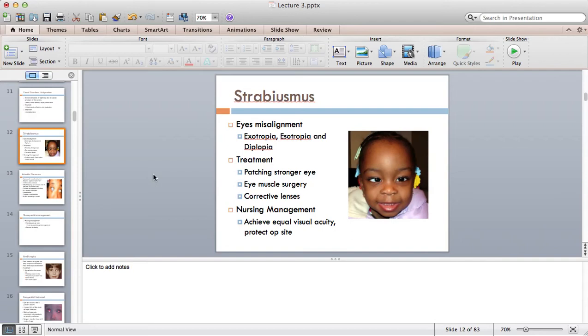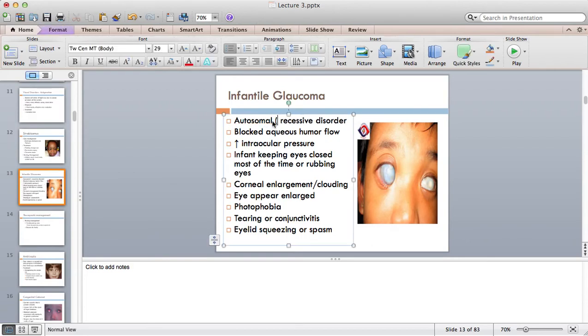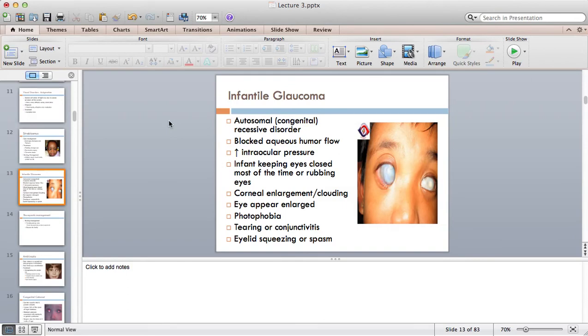Another thing would be infantile glaucoma, which is an autosomal recessive disorder. It is congenital because it is autosomal recessive. Meaning that for the child to inherit a recessive gene, both parents have to be carriers.